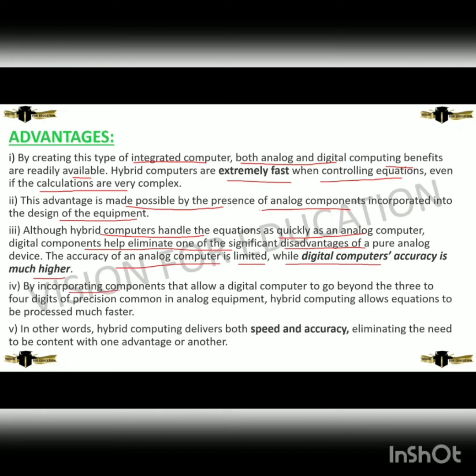By incorporating components that allow a digital computer to go beyond the 3 to 4 digits of precision common in analog equipment, hybrid computing allows equations to proceed much faster. In other words, hybrid computing delivers both speed and accuracy, eliminating the need to be content with one advantage or the other.